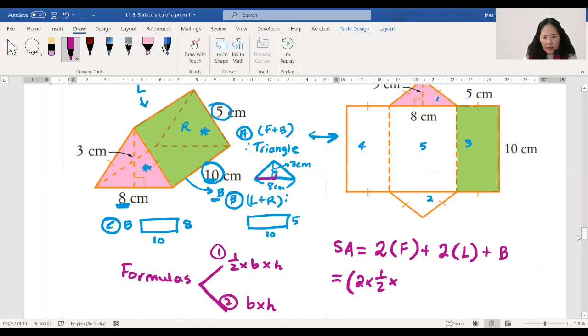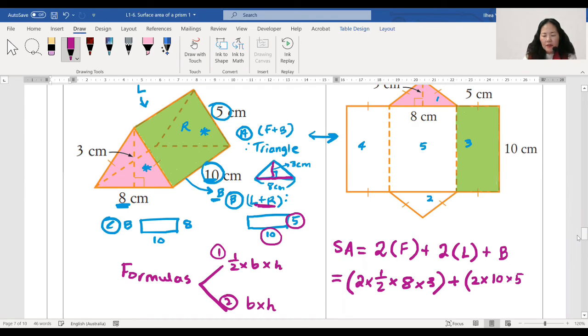That's my base, 8, times my height, which is a 3. So front and the back are the same triangle, right? Now plus 2 times my left and right, I've got 2 measurements. It doesn't really matter which one you put first. They're all going to be the same.